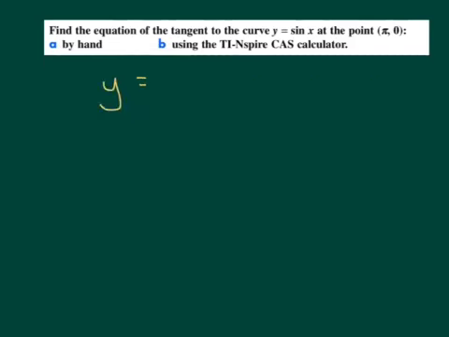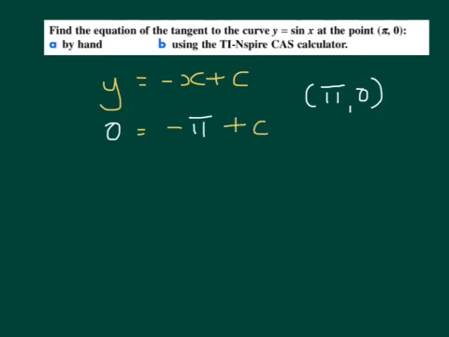That gives me 0 is equal to minus x, which is pi, plus c. So c is equal to pi. Therefore, my equation is y equals -x plus pi.